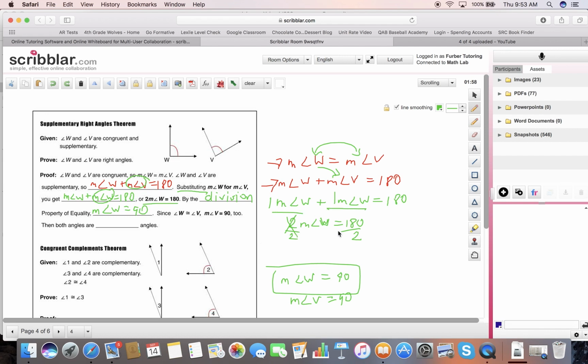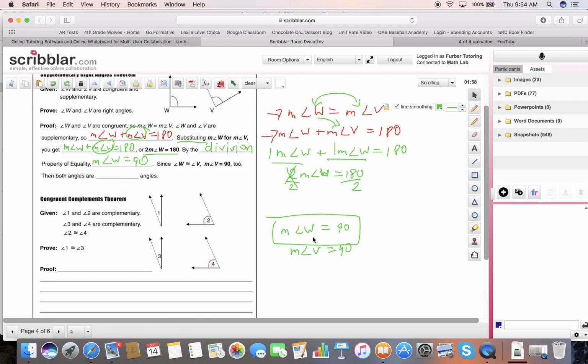Because there were 2 angle W's when I substituted the measure of angle V with the measure of angle W. Two angle W's, if I want to cancel them, just like I would cancel 2 x's, I would divide by 2. So that's the same thing that you're doing with the angle. I'm left with the measure of angle W equals 90.